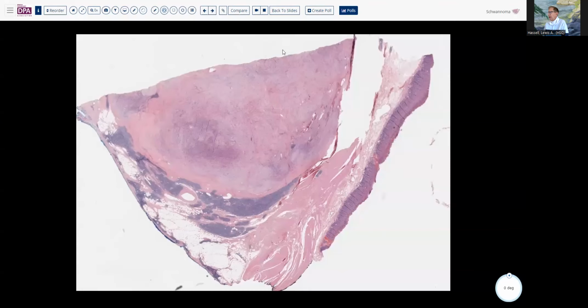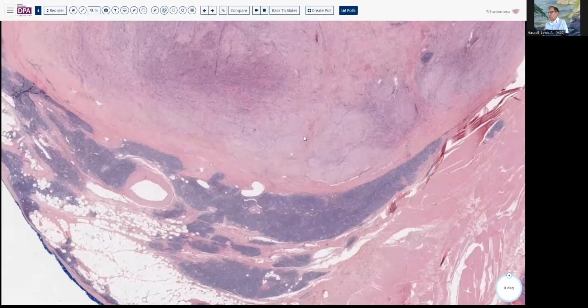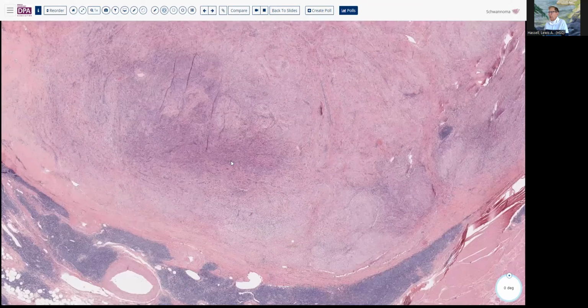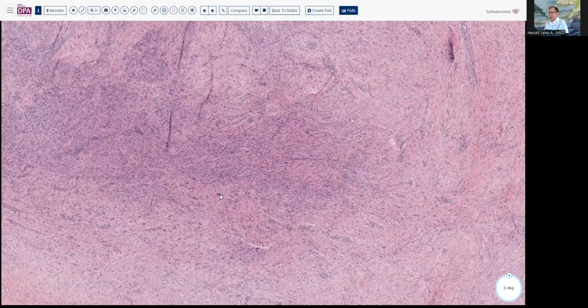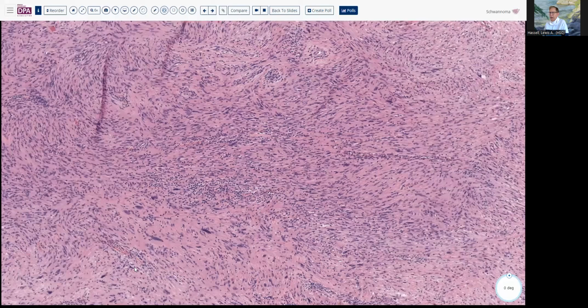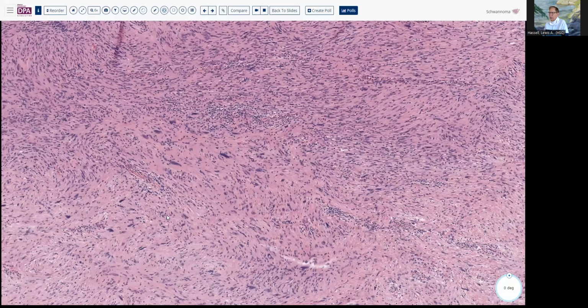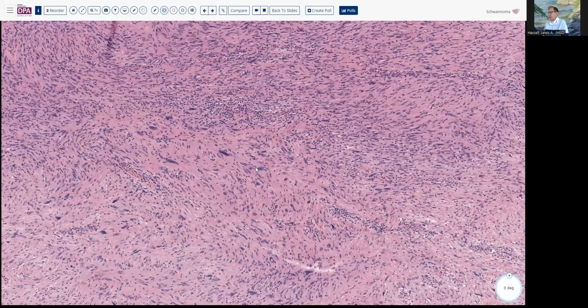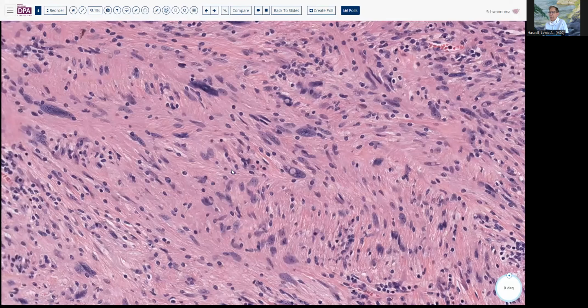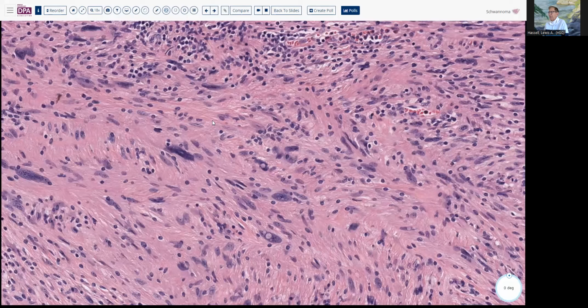And here again, we see a slightly deeper, almost adventitial lesion, but still having its origin up in the muscularis. And then again, this very prominent cuffing of the periphery of this lesion with lymphocytes. Now, in this particular field, we'll note that there's a little bit of pleomorphism in this tumor, as we see here, some nuclear pleomorphism and variability, but it's not associated with any degree of mitotic activity.